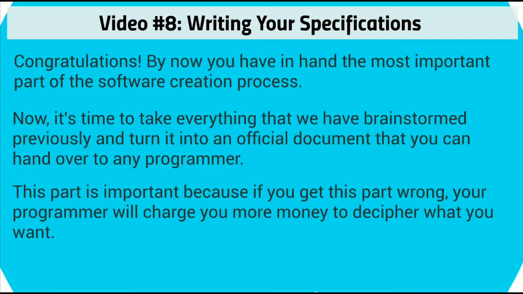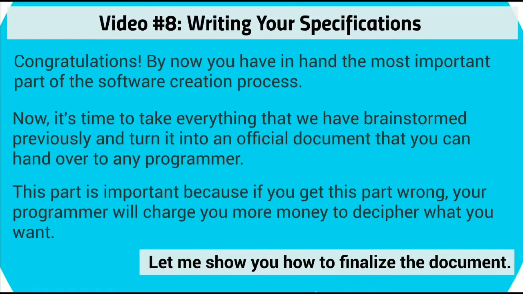If your programmer turns around and says, no, that's going to cost more money, or I can't do that because this is not what we talked about, it's going to cost more money and more time, and you're just going to have to go along with it if you don't have a written contract. So this is your contract, and I'm going to show you how to finalize the document.